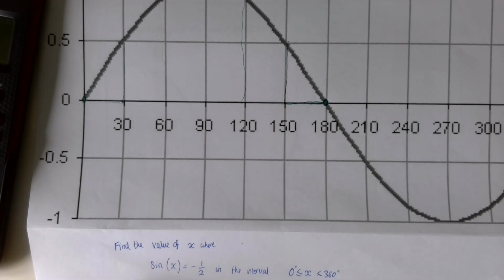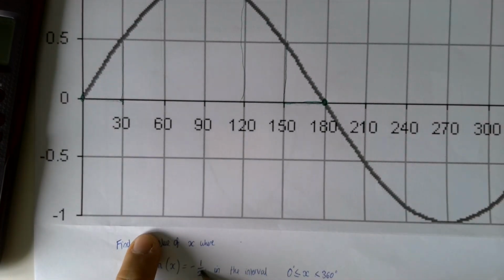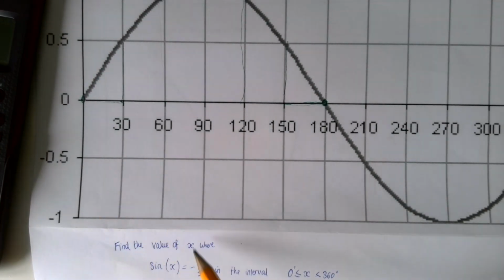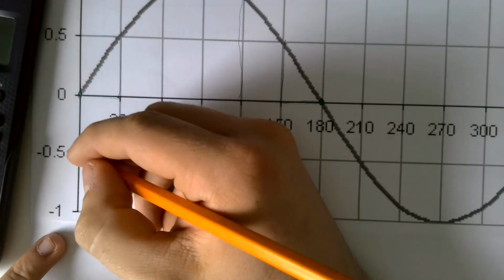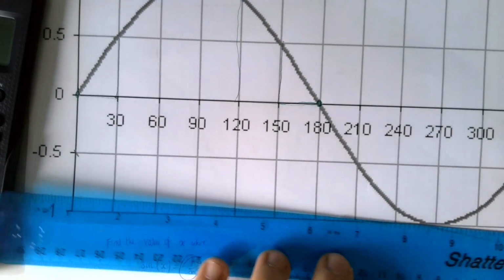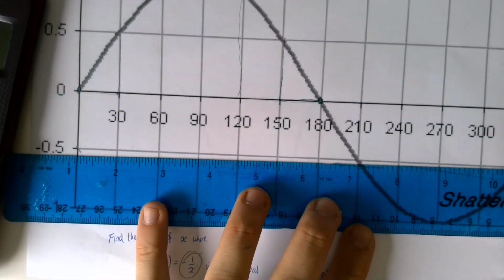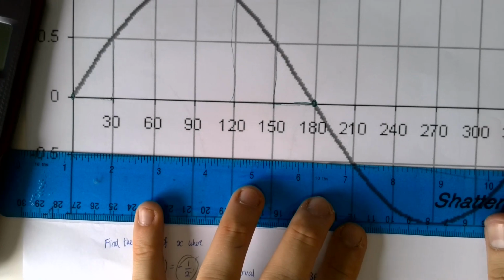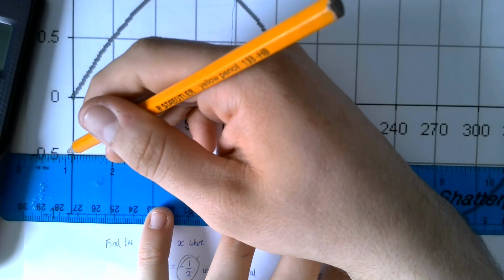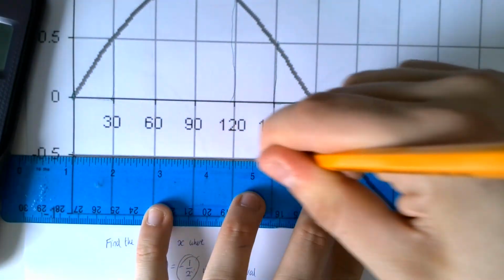So what value of x would give me an answer of minus 1/2? So what I would do is find this value on the side. So minus 1/2 is here, and I'm just going to draw in a nice straight line going from minus 1/2 all the way across.